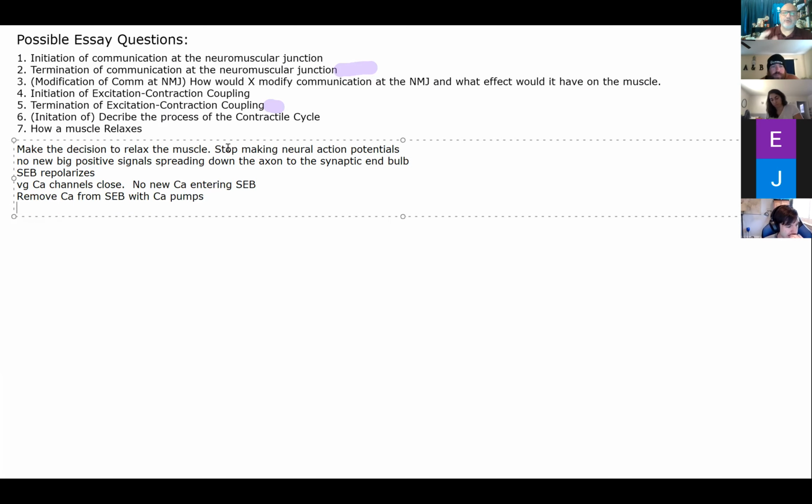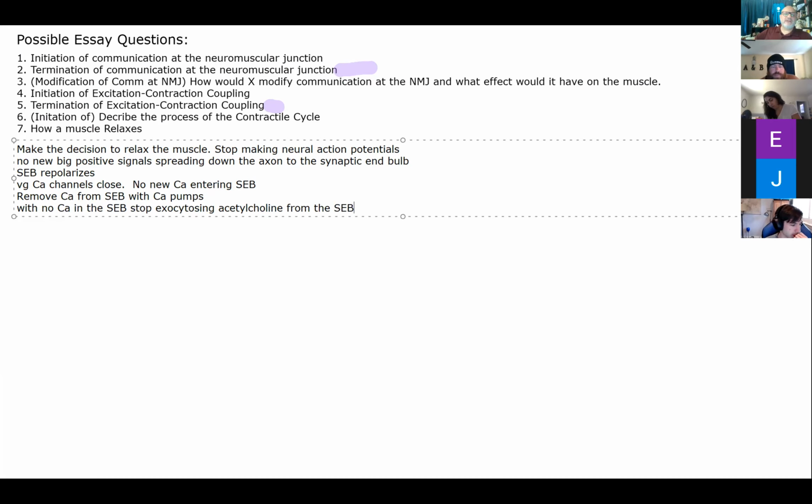Excellent. And now you're right. With no calcium in the synaptic end bulb, what happens? No more exocytosis of acetylcholine. Excellent.